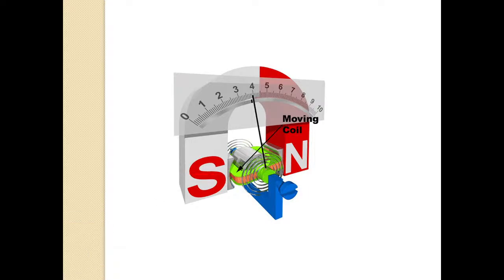Beside S, you can see some copper color structure, and beside N also, behind this spring, you can see the copper coil. Only the top view of the copper coil is visible. That is our moving coil.